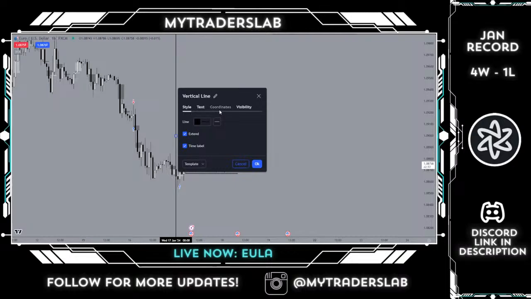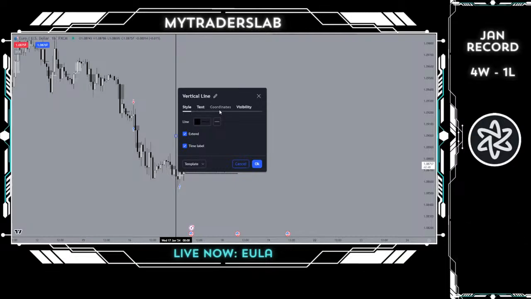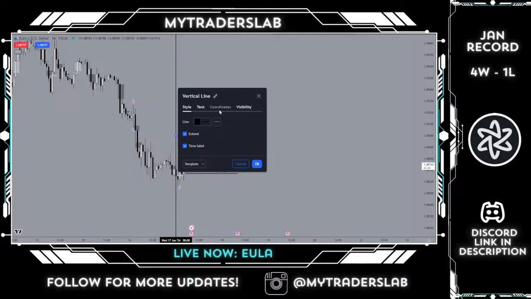The reason why I'm marking out this midnight candle is because I want to look at where price opened during the midnight. If you are trying to buy, we want to buy below the midnight opening price if possible. That means we are in a heavy discount because everyone knows the logic: buy low, sell high. It kind of works the same for this as well.